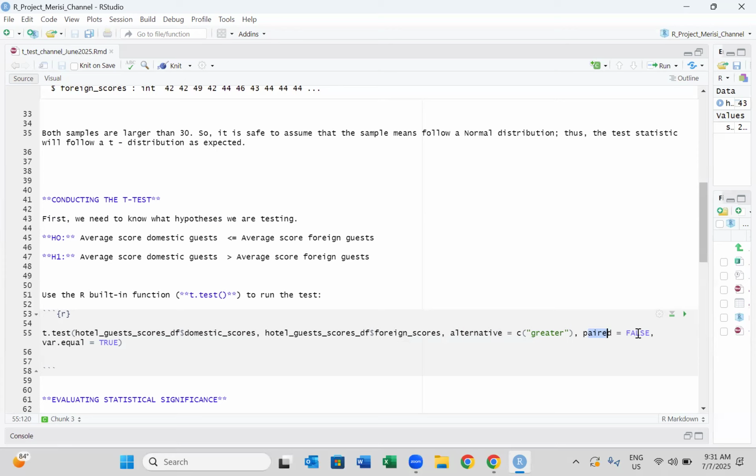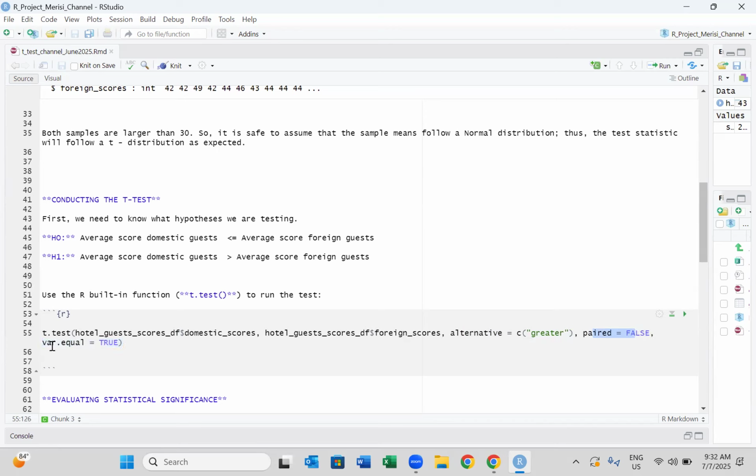In this video, I'm not going to discuss the difference between paired sampling and independent sampling, but it's important for you to know that that's a decision you need to make. In this case, we are using independent.